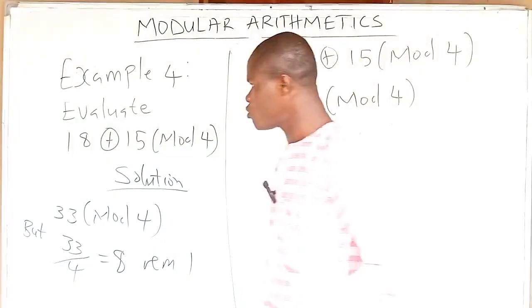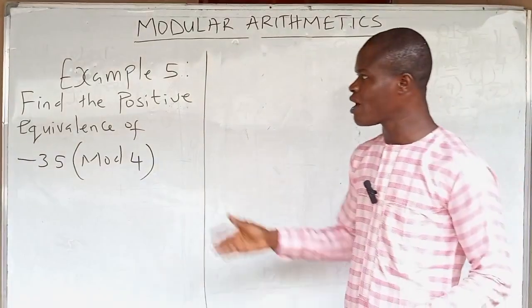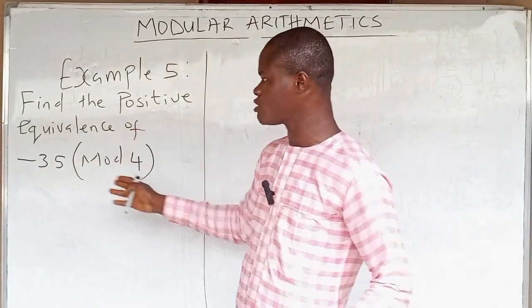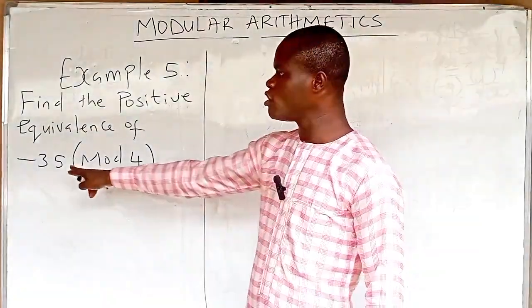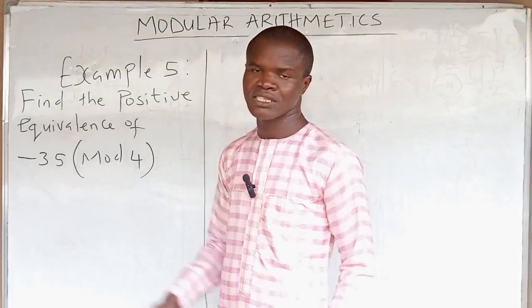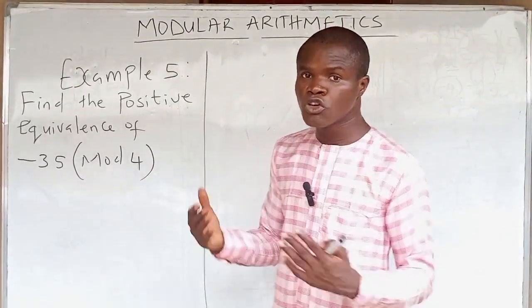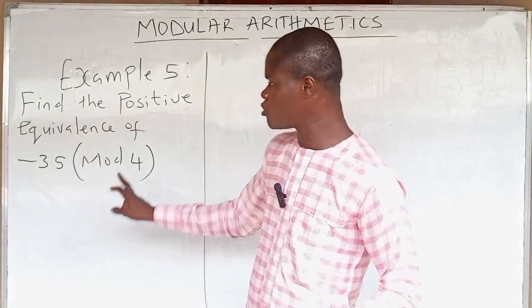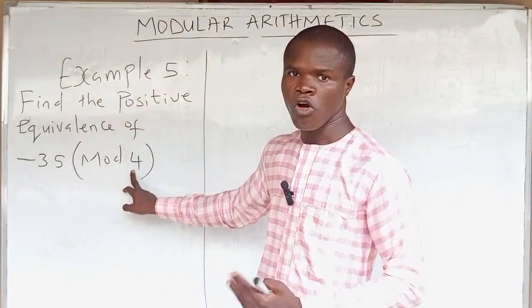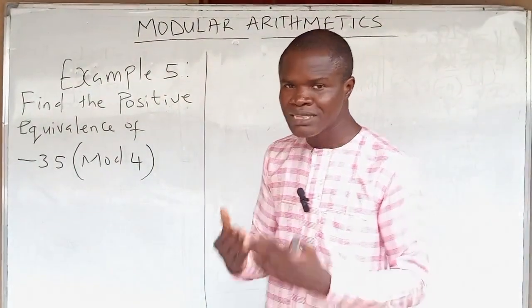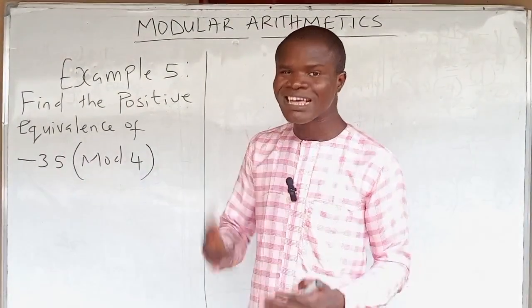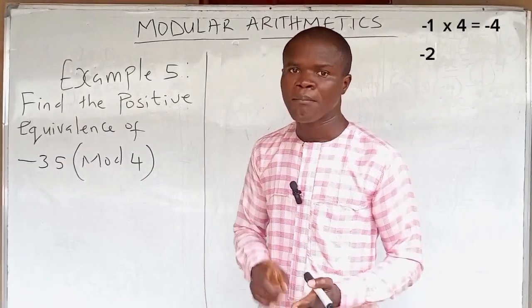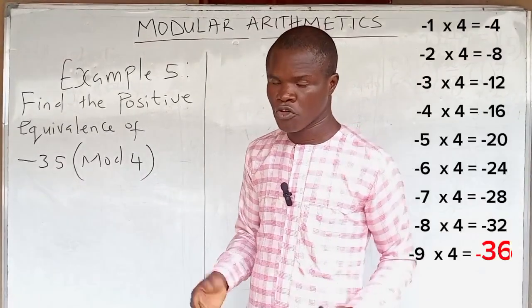Let's take another example. This is example number 5. We're asked to find the positive equivalence of minus 35 modulo 4. So the goal is to convert this number from negative to positive. So the idea is to use negative integers to multiply the modulo, the 4, until we get a number that is immediately below this number. That is to say, we're going to be testing negative integers. Minus 1 times 4 will give us minus 4.